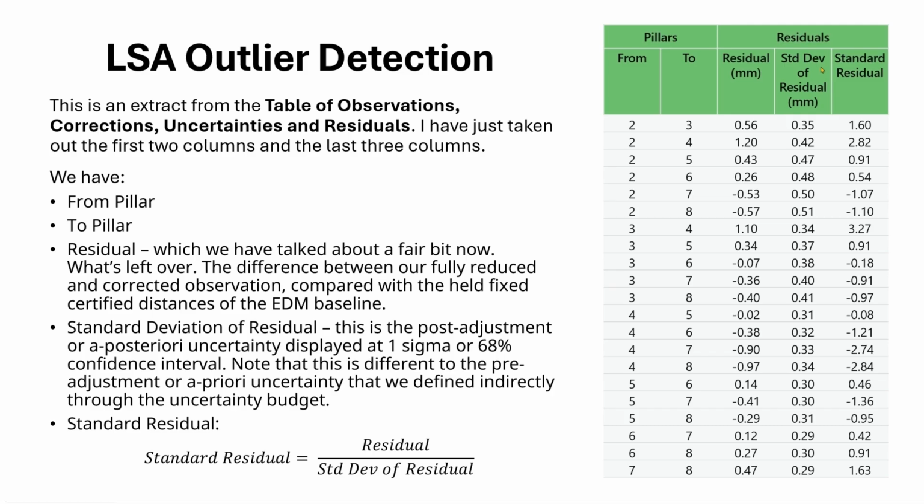This is the post-adjustment or a-posteriori uncertainty displayed at 1 sigma or 65% confidence interval. Note that this is different to the pre-adjustment or a priori uncertainty that we defined indirectly through the uncertainty budget. And then we have standard residual or standardized residual, which is calculated by taking the residual and dividing it by the standard deviation of the residual. So it's a product of these other 2 columns.